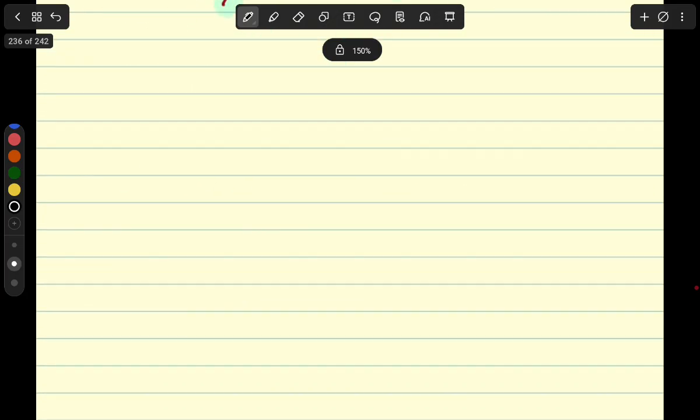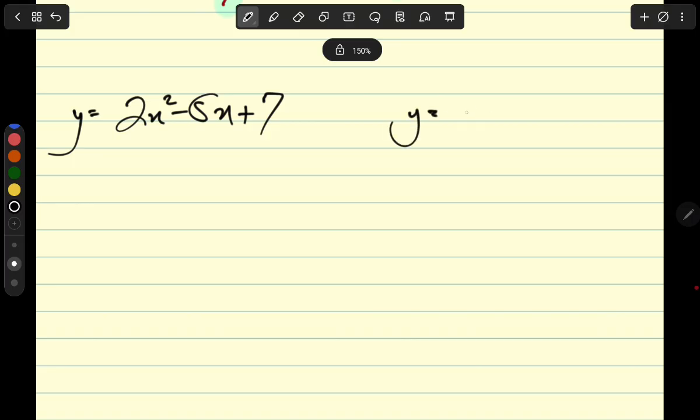For example, you have a quadratic function, 2x squared minus 5x plus 7, equal to y, and you have another function, y equals a straight line, which is kx plus 5, right? Now, they may ask you to find the values of k for which there are two intercepts, right?